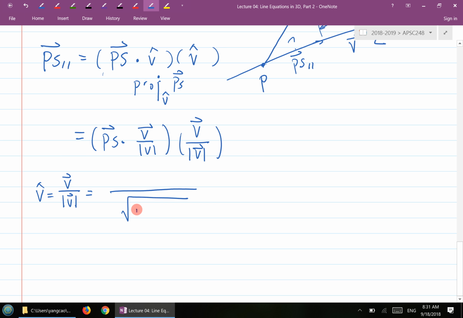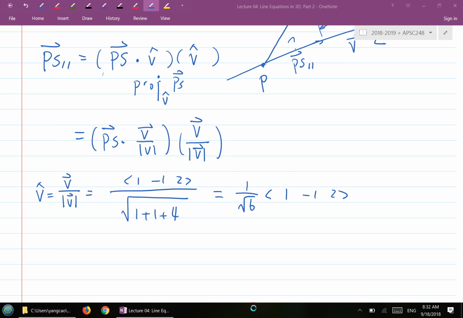So the bottom here is the square root of 1 plus 1 plus 4, and then the top here is 1, negative 1, 2. So 1 plus 1 is 2, plus 4 is 6. So that's 1 over root 6 times 1, negative 1, 2. Okay, that's your V hat.